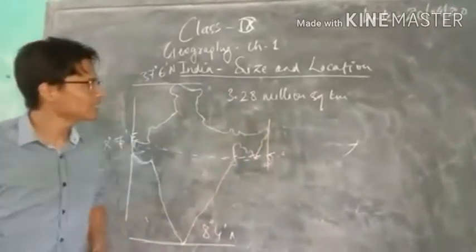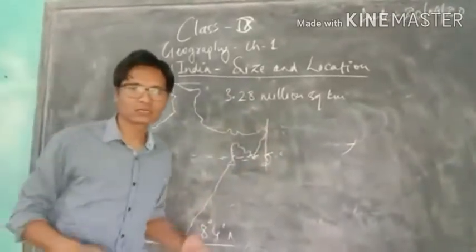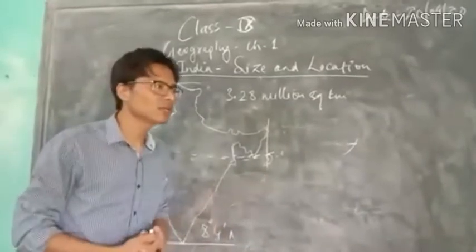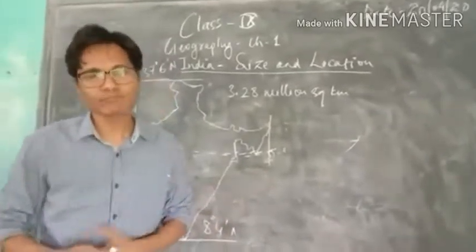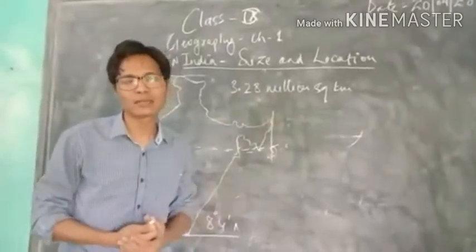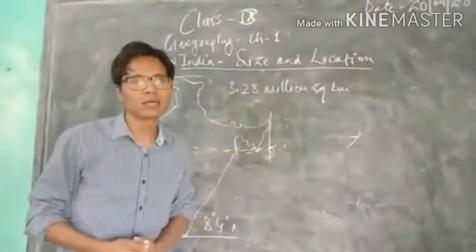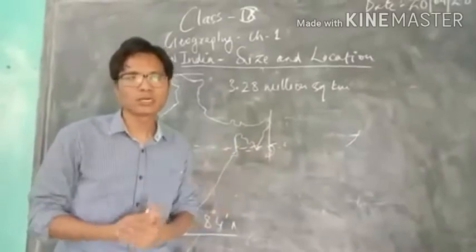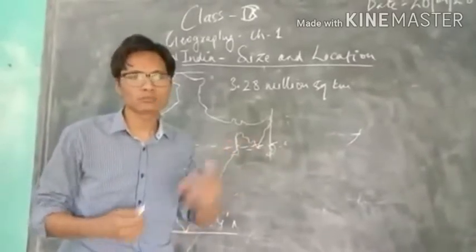India is the 7th largest country by size. By states, Rajasthan is the largest state by size and Goa is the smallest. By population, Uttar Pradesh is the largest state and Sikkim is the smallest.